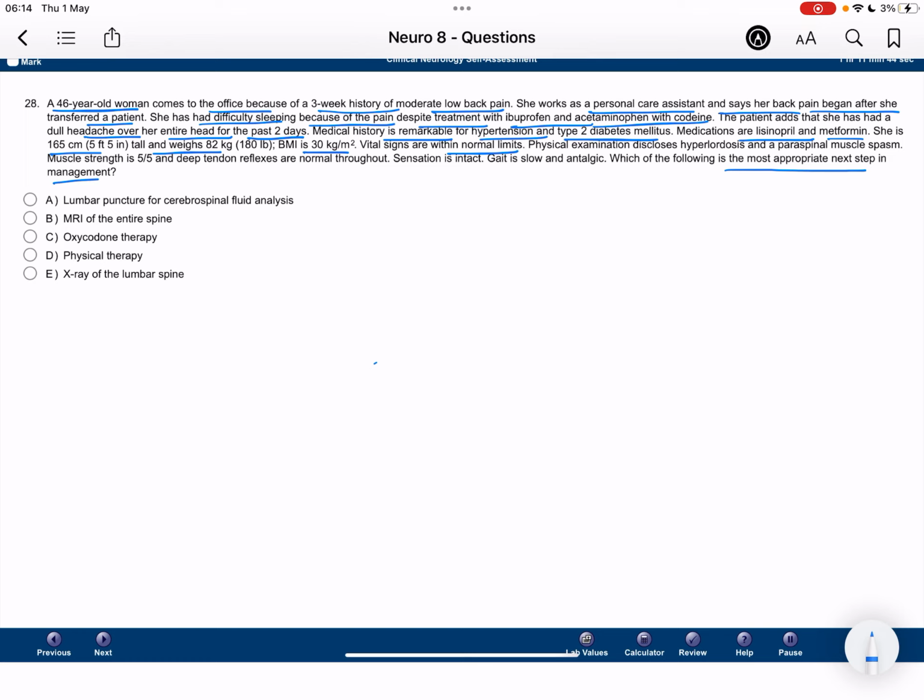Physical examination discloses hyperlordosis and paraspinal muscle spasm. Muscle strength is 5 by 5. Deep tendon reflexes are normal. Sensation is intact. Gait is slow and antalgic.